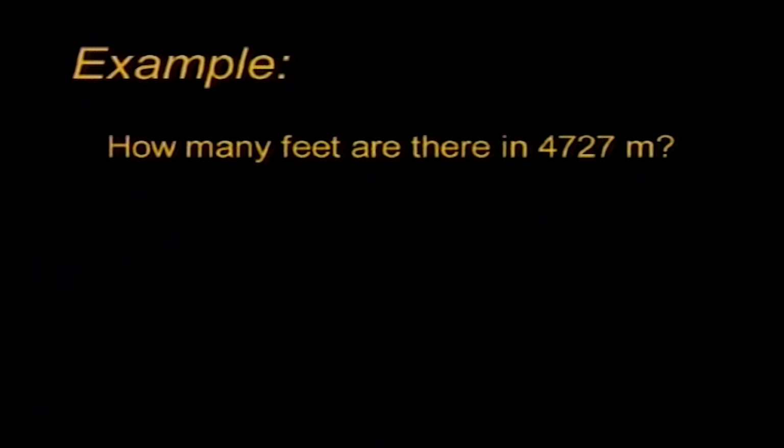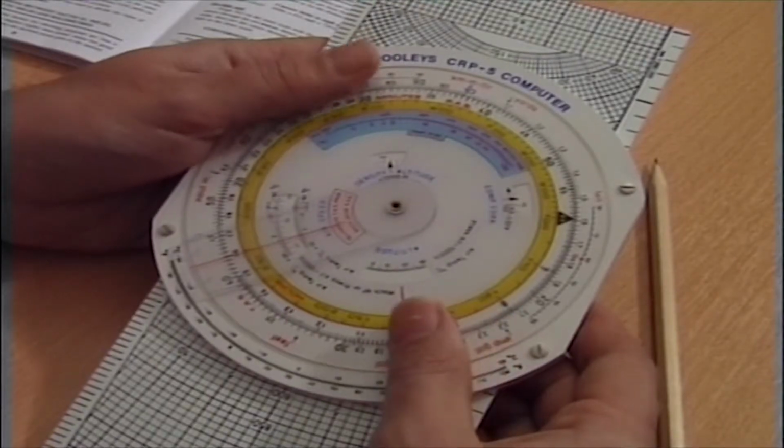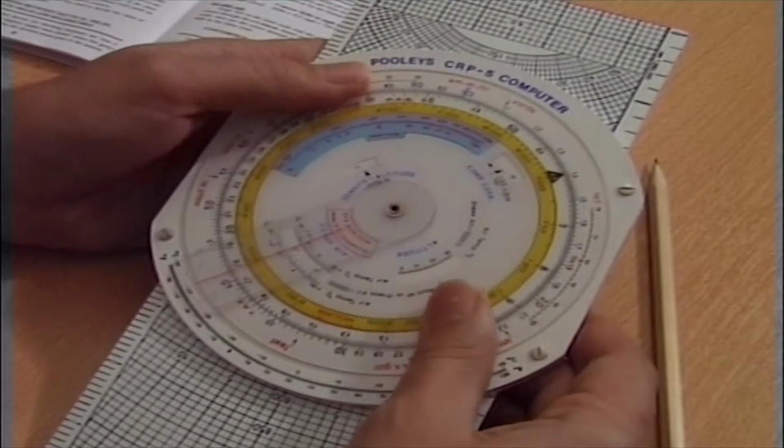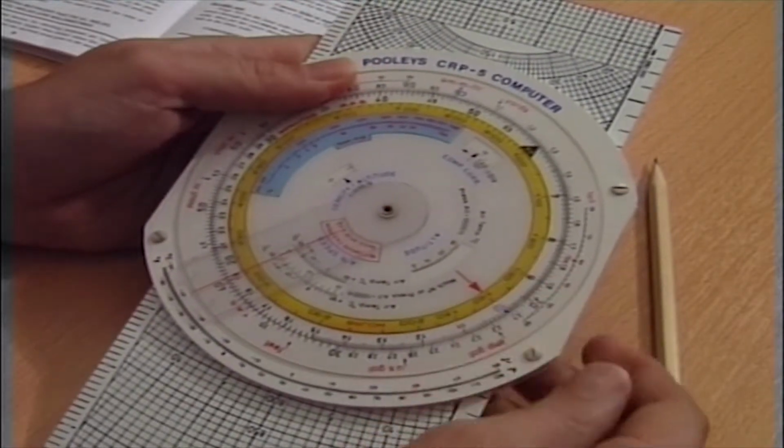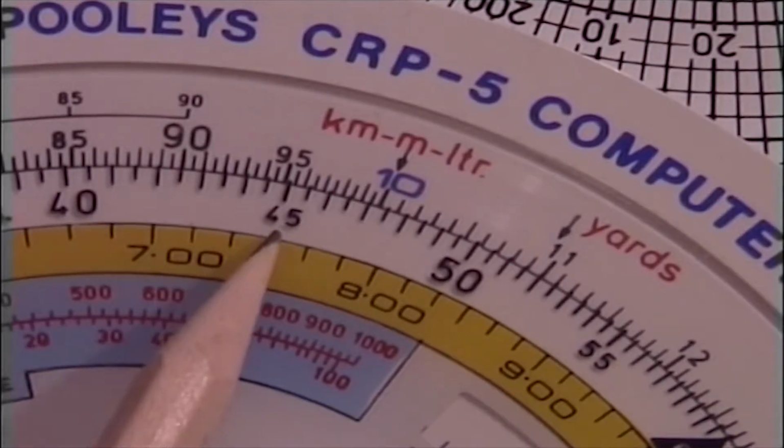Now to an example. How many feet are there in 4727 metres? Line up 4727 on the inner scale with the metre datum on the outer scale.